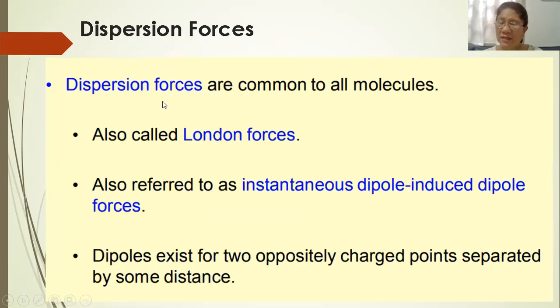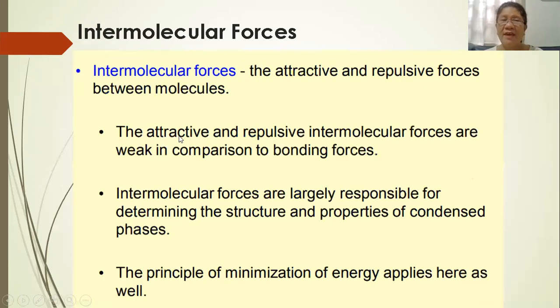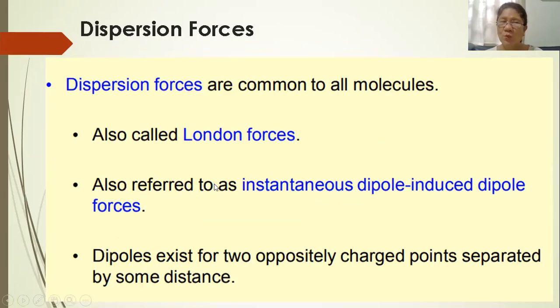The next one is the dispersion force. What is meant by dispersion force? The common term used for dispersion force is London forces. Also, these are referred to as instantaneous dipole-induced dipole forces.